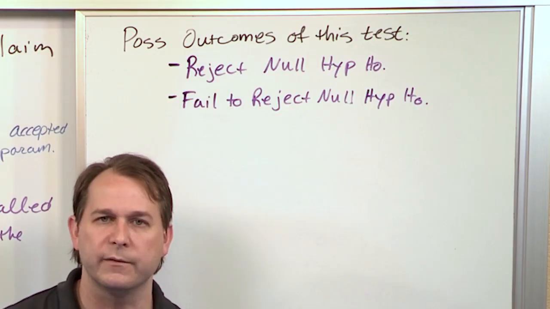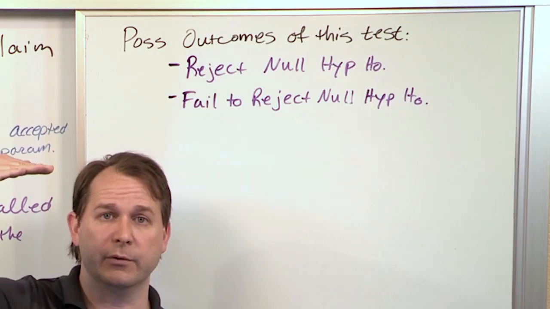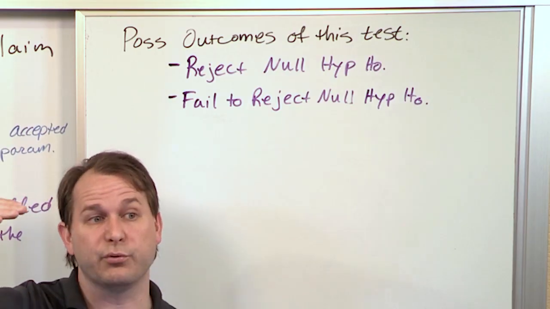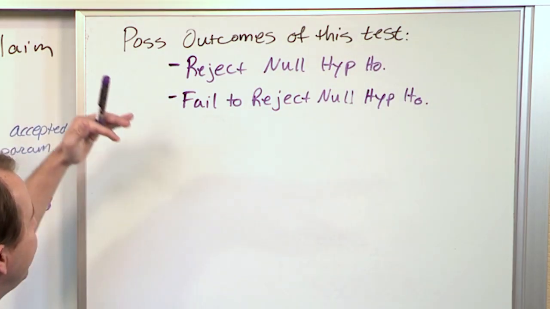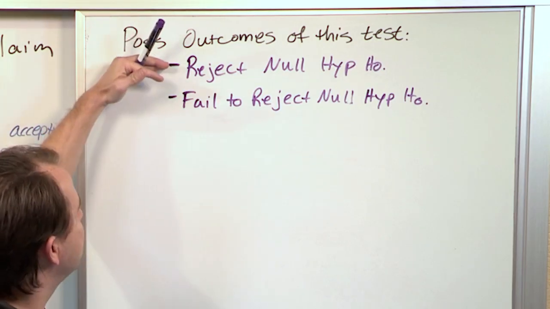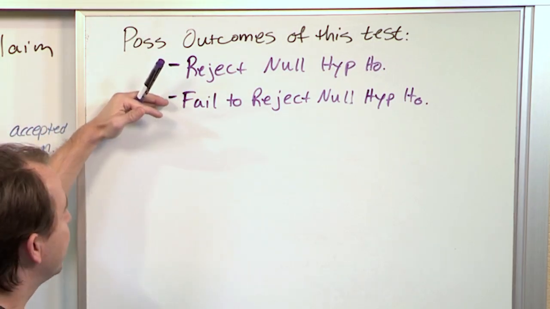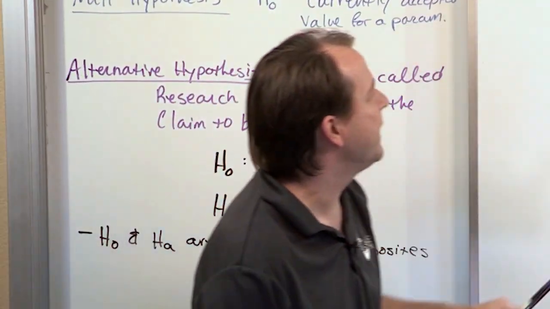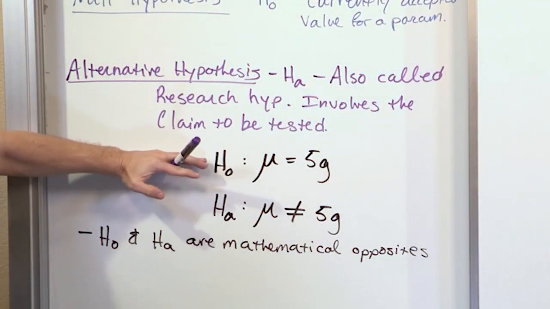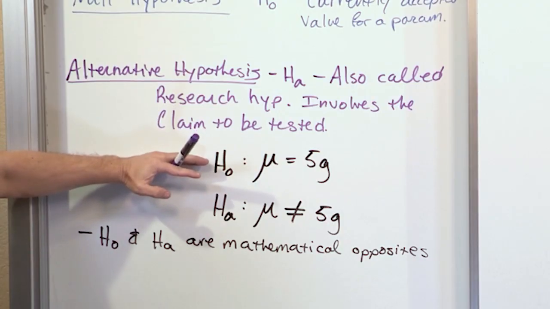It's just like a court of law. You assume something is true, and you're trying to basically prove and see if you reject a premise or not. So here, there's 2 possible outcomes. We reject the null hypothesis, or we fail to reject the null hypothesis. If we fail to reject the null hypothesis, then we're basically keeping our arrow here and we're saying we believe this to be the case.